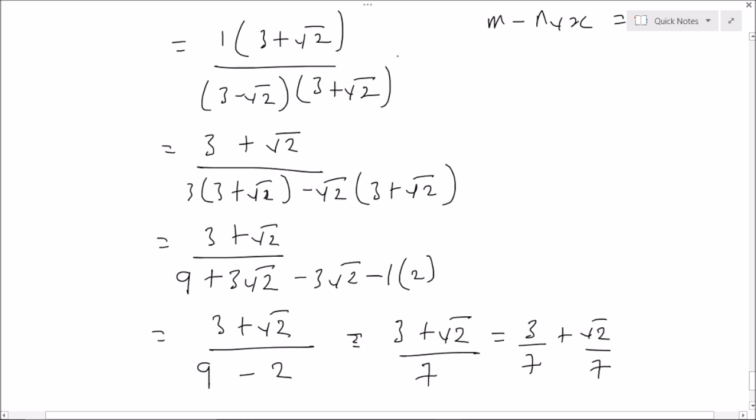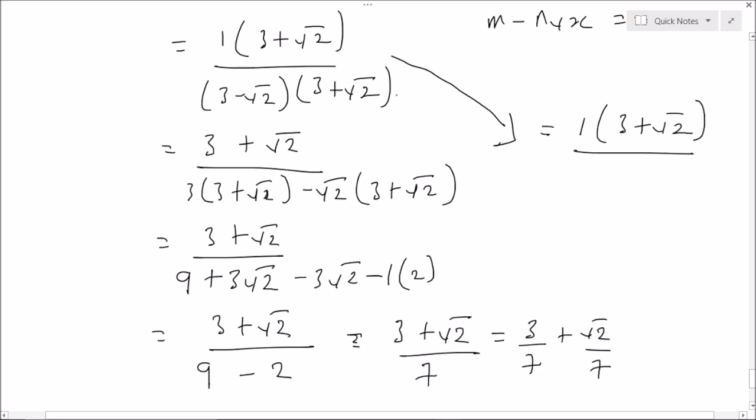Now we take note that from these steps, we can use the difference of two squares to simplify, and that is much easier. That is, you can write it as 1 times 3 plus root of 2 over, here we take note that this is the difference of two squares.